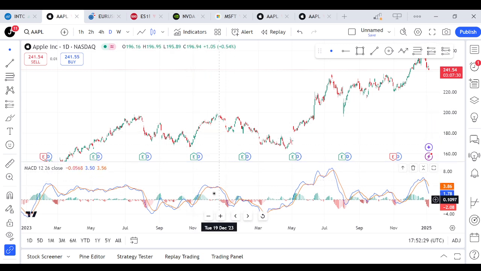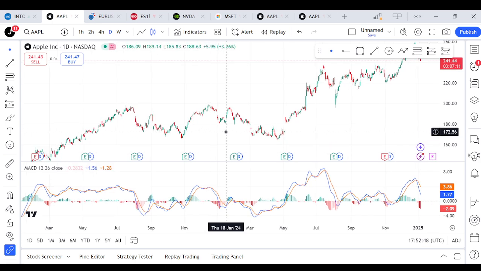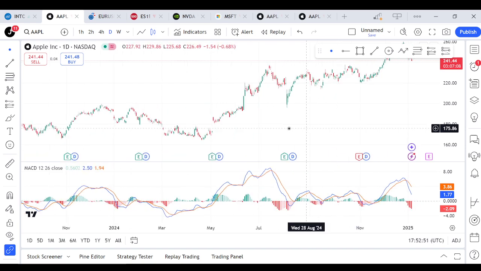The MACD line is the blue line right here. Now the signal line, which is the orange line, is the moving average of the MACD line, which is the blue line. Now, these lines create signals in the market. When one goes above the other, you could have a signal to either buy or sell, depending on the one that goes above the other.